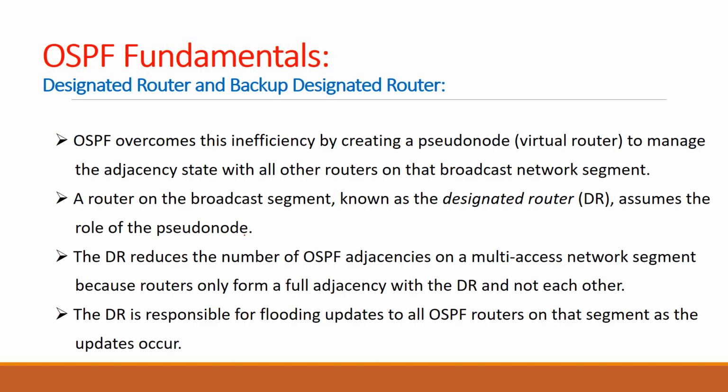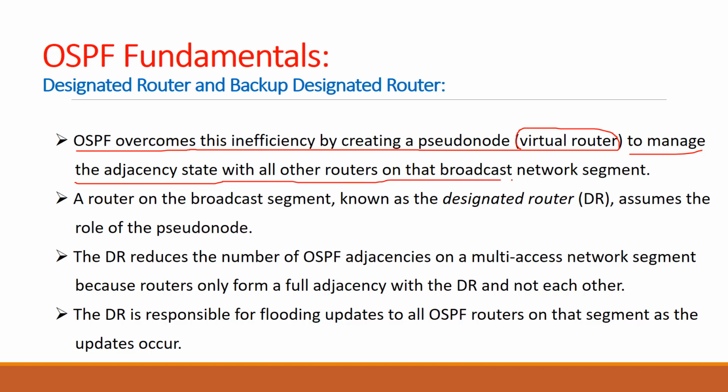To overcome this inefficiency, OSPF creates a pseudonode, or virtual router, to manage the adjacency state with all other routers on that broadcast network segment. A router on the broadcast segment, known as the designated router, assumes the role of the pseudonode.